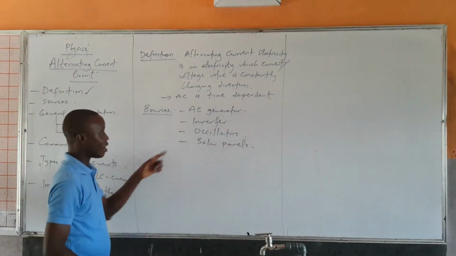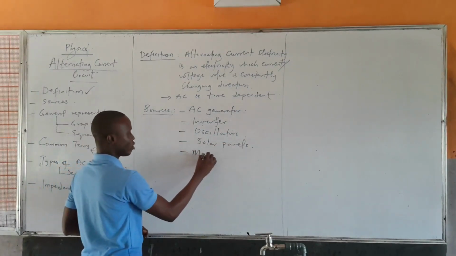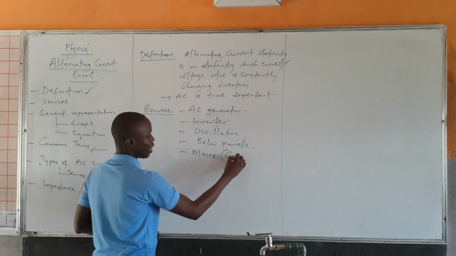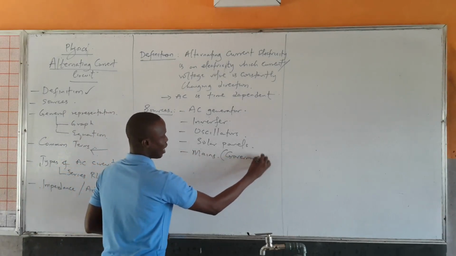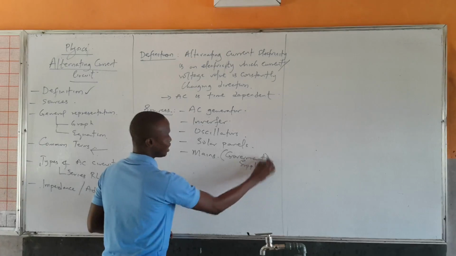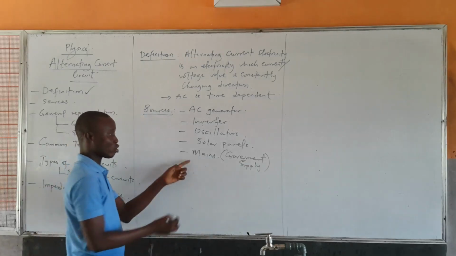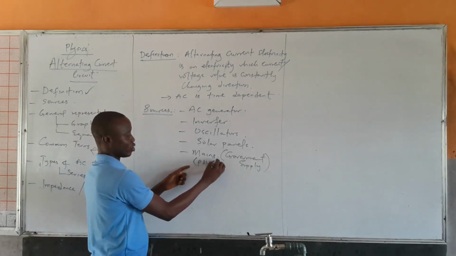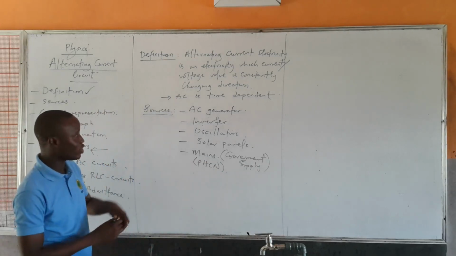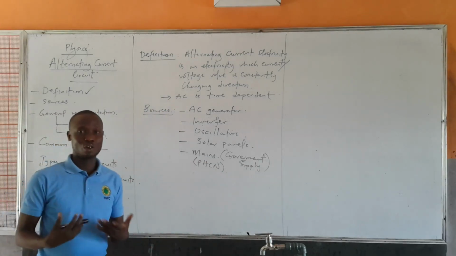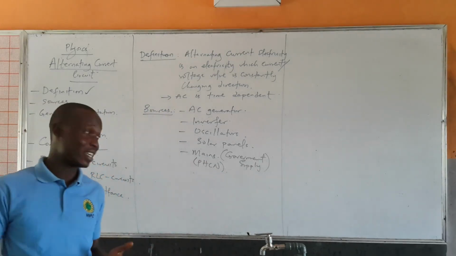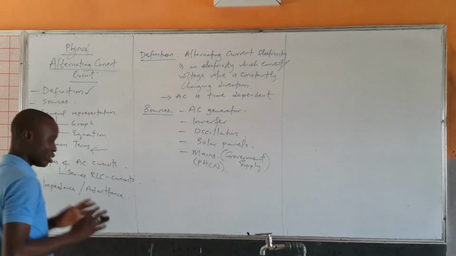And of course from the mains, that's the government supply. Typically in a country like Nigeria, the mains come from the PHCN, the one which you called NEPA initially. So any of these sources will give you alternating current electricity, an electricity that is constantly changing direction.